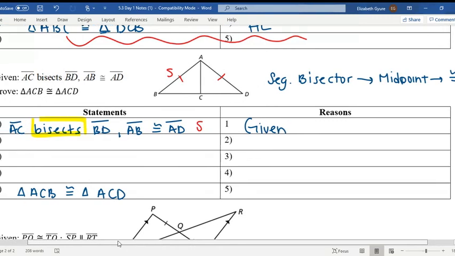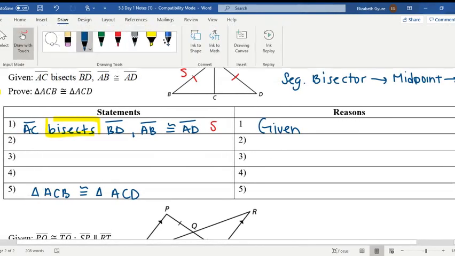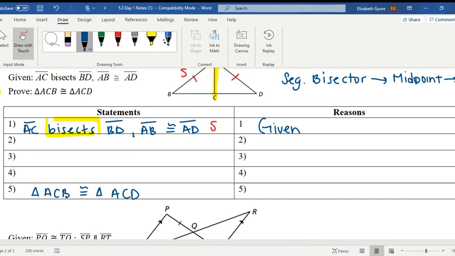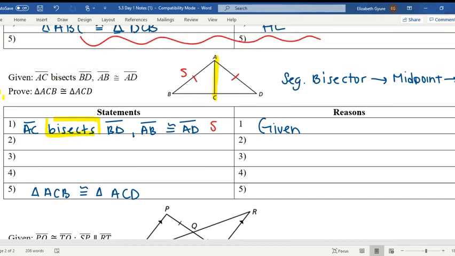So if you have a bisector here, can someone tell me what point would have to be the midpoint? What do we think? If that's a bisector, what point has to be the midpoint? Well, AC is our bisector.